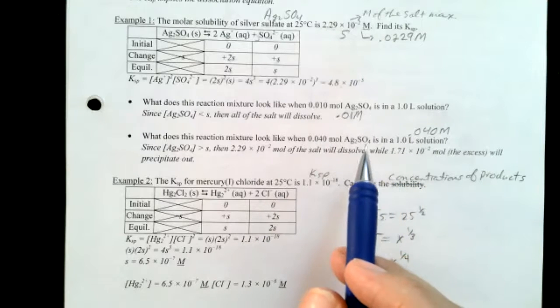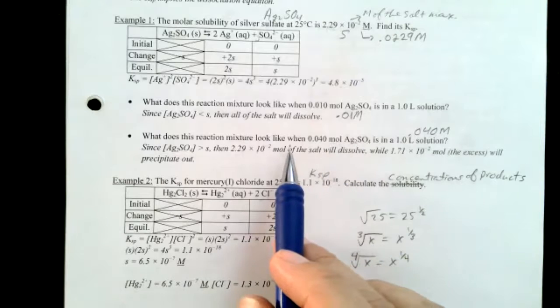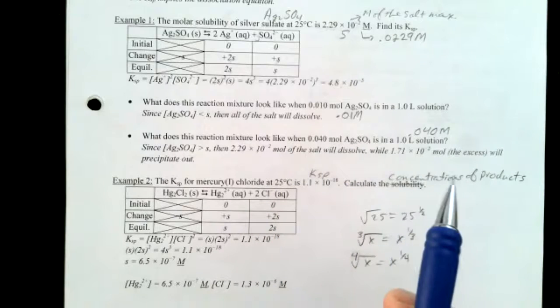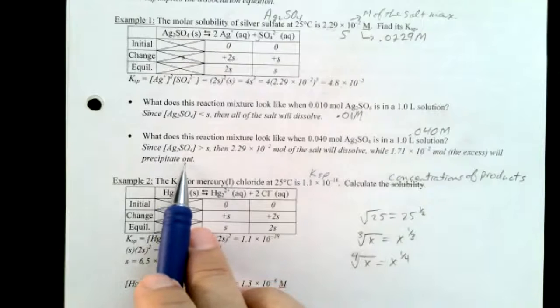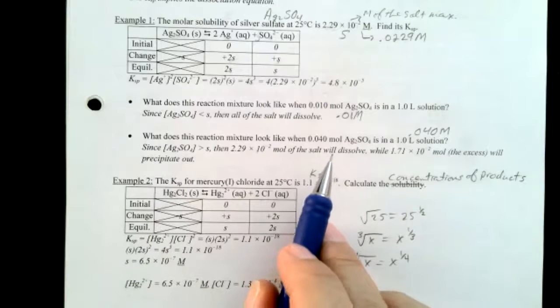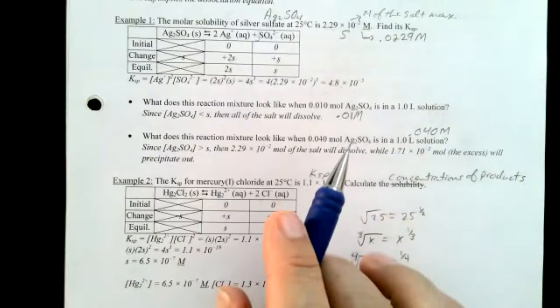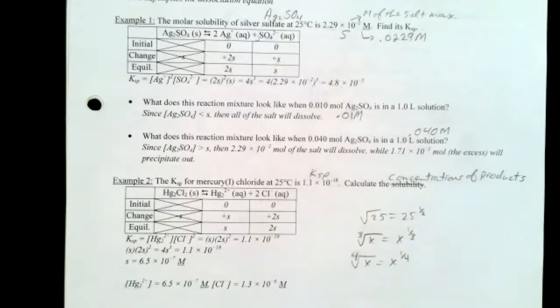Well, first of all, I don't even like this answer. I think I want to change this one now, because we said at this temperature, whatever temperature this is, right? Oh, by the way, there's a standard temperature, and I think it's 25 degrees Celsius water.